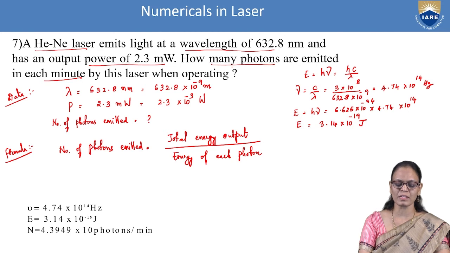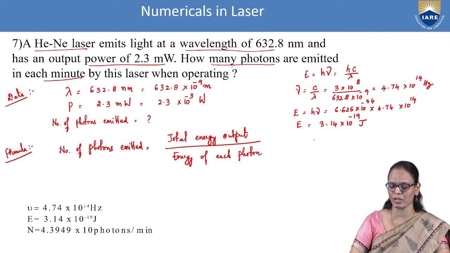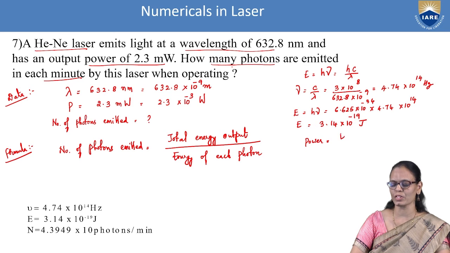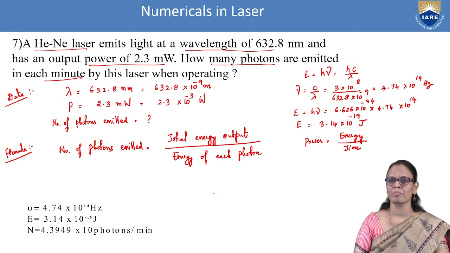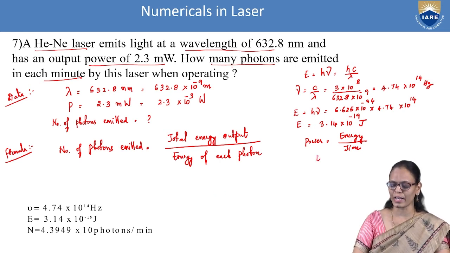The power is given as 2.3 milliwatts. If we have to calculate the energy, let us go back to our basic formula. Power is equal to energy upon time. Energy emitted per unit time will give us the power. So if we want energy, it will be power into time.